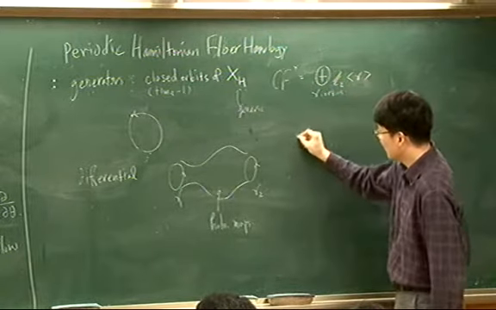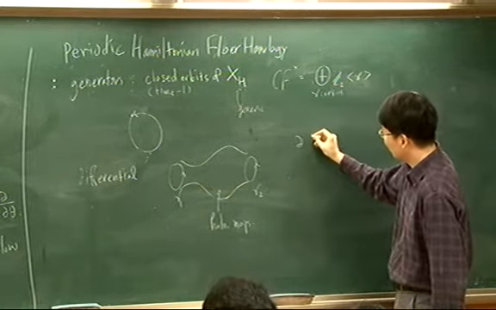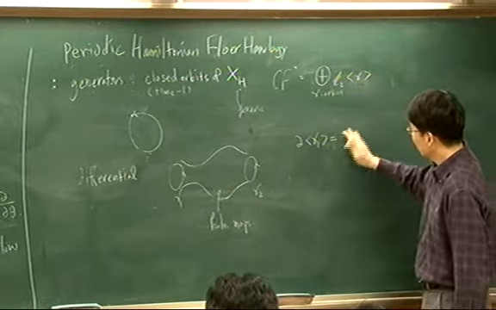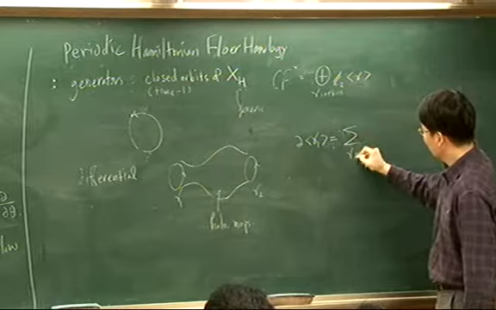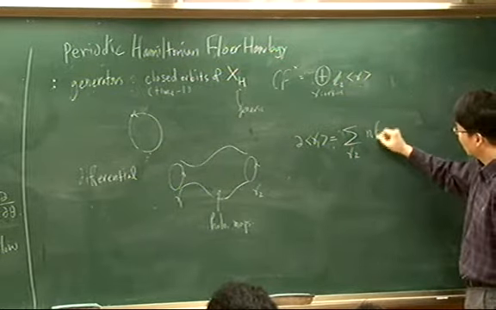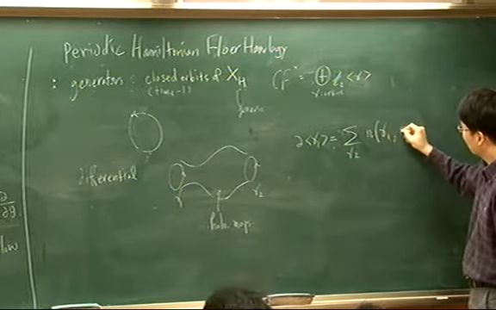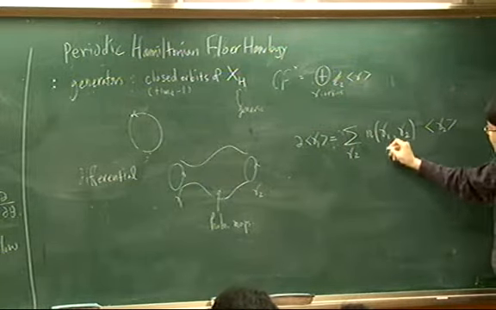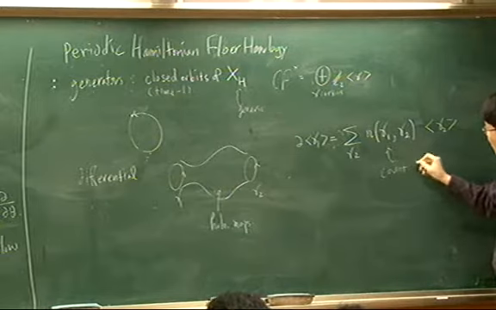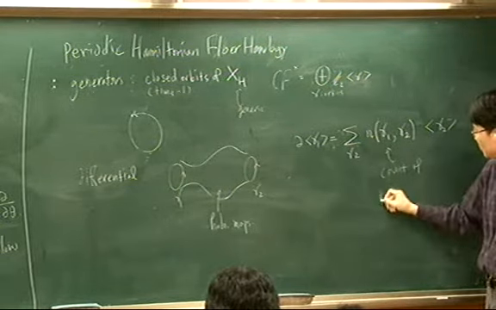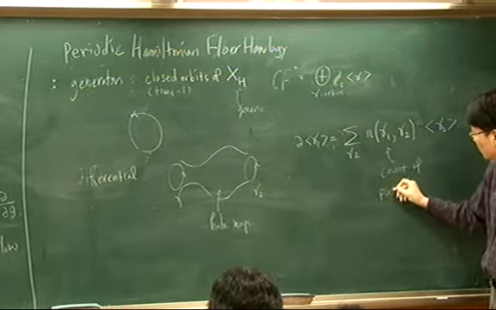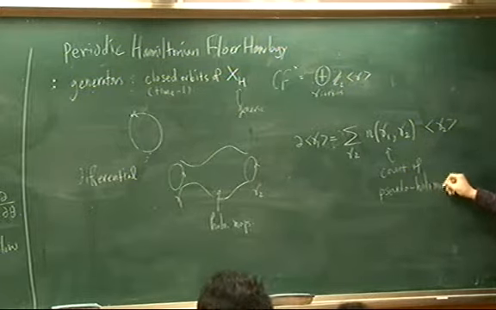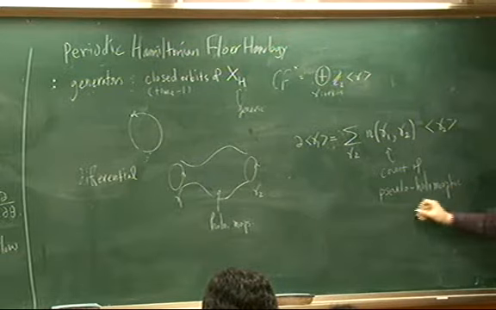What I mean by this is that the boundary of gamma 1 is given by the sum over all gamma 2 of the count of what are called pseudo-holomorphic cylinders.